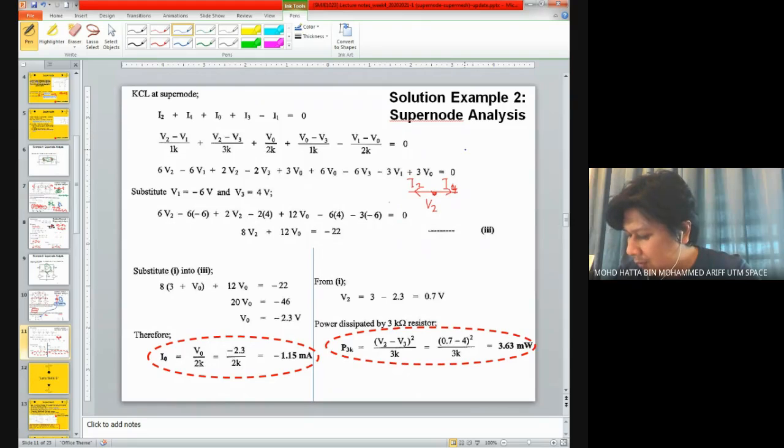For VO, oops, it cannot be like this. It should be a straight line. Okay, this is the current I3. This is VO over here. And I1 is here.